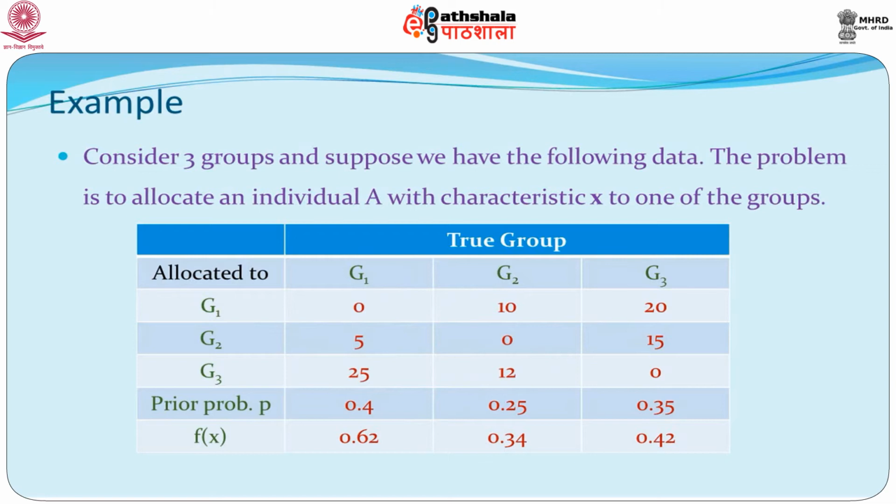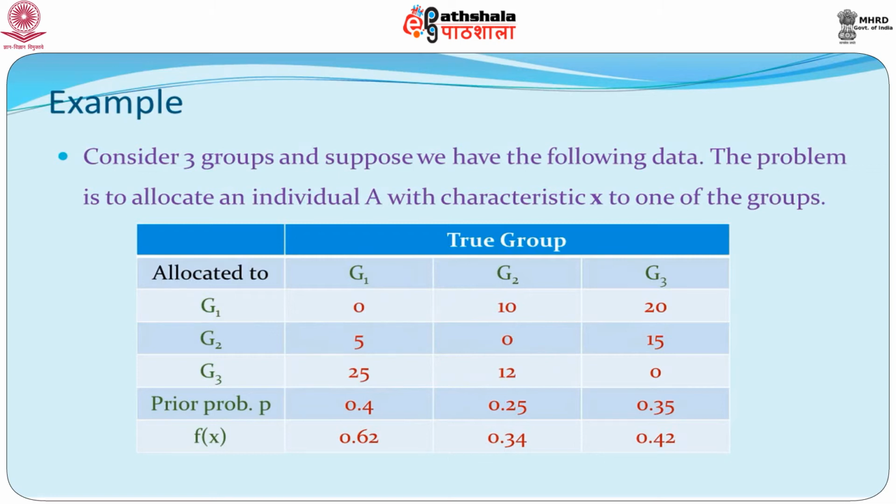You see that the diagonals are 0 because the cost of correctly classifying is 0, and then you have the cost 10, which is the cost of classifying an individual from the second group into the first group. Similarly, 20 is the cost of classifying an individual from the third to the first group. So, these are the first 9 observations that we have.